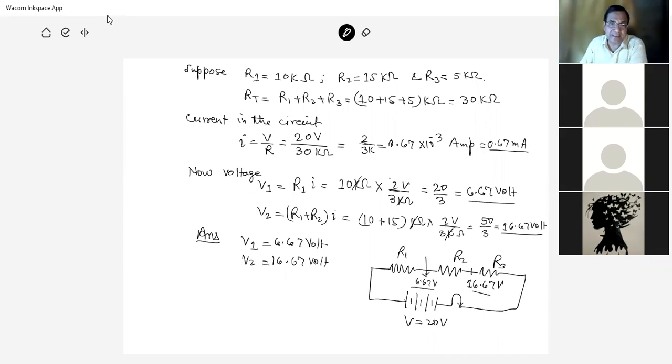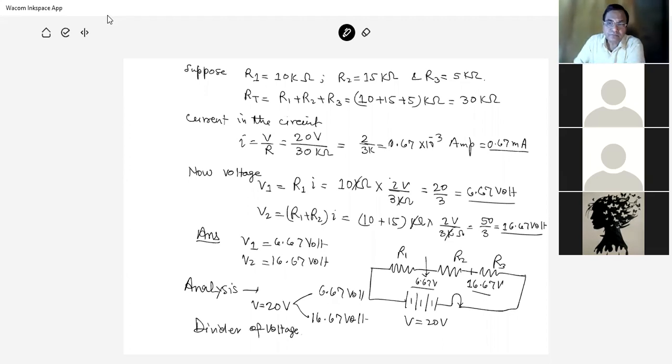So in the analysis, this 20 volt is divided into two parts, 6.67 volt and 16.67 volt. It means there is a divider of voltage. Divider of voltage means voltage divider. So these are the ways to divide the voltage.